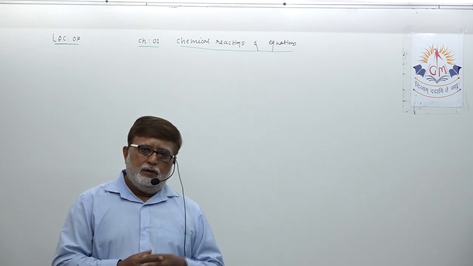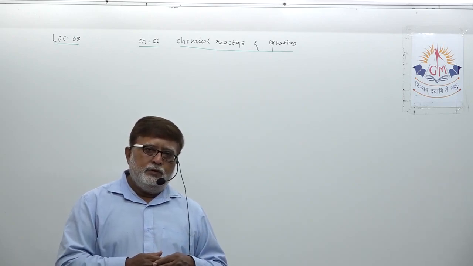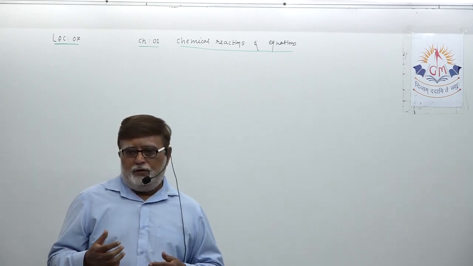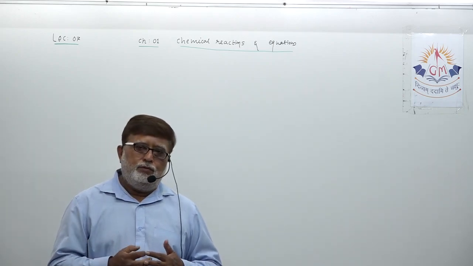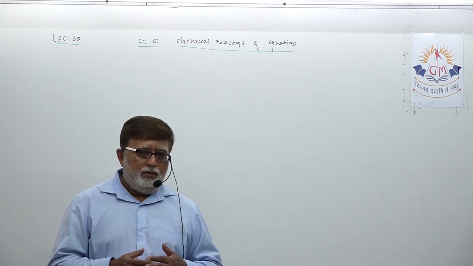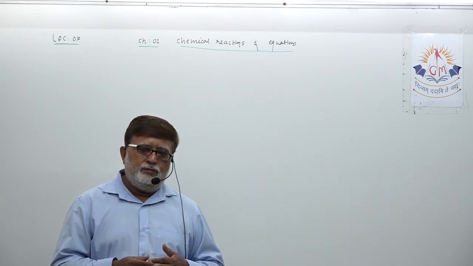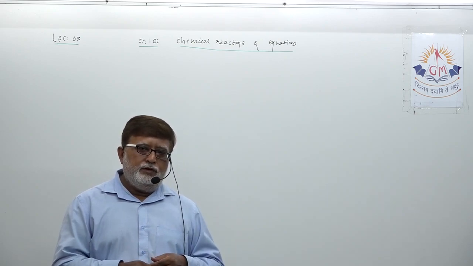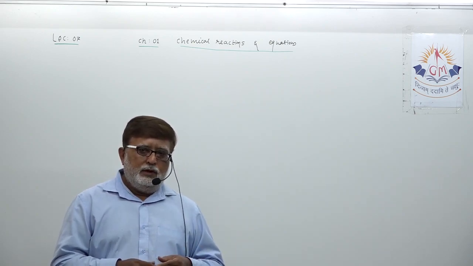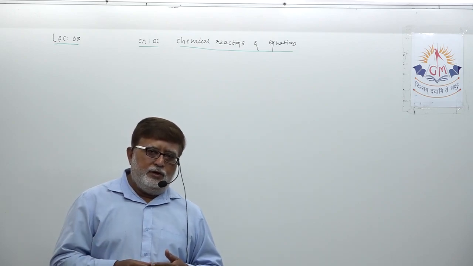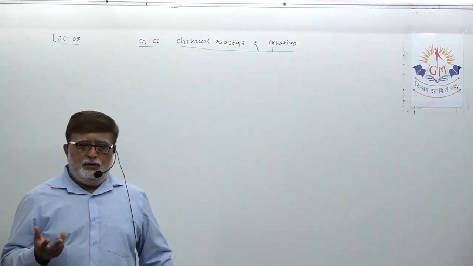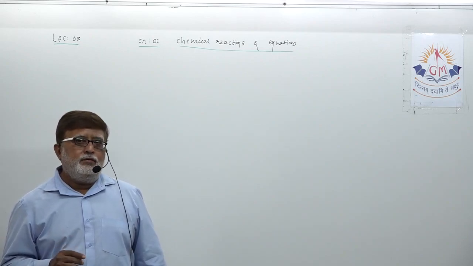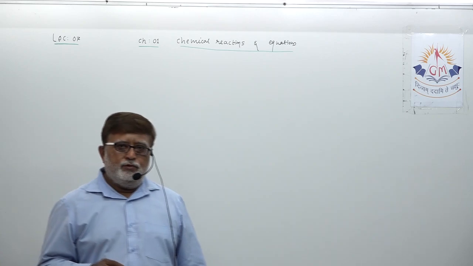Endothermic reaction: if during a chemical reaction heat energy is absorbed, it can be called an endothermic reaction. For exothermic you can mention examples we discussed, and for endothermic you can write any example involving thermal decomposition.